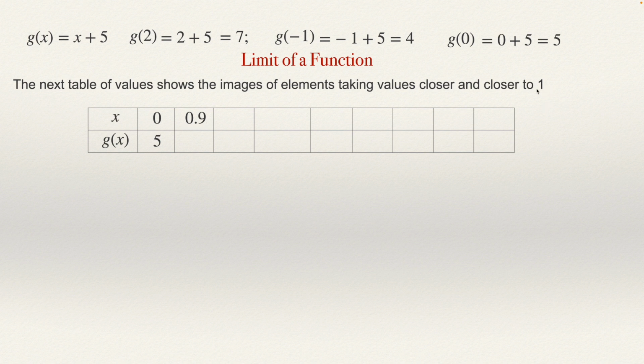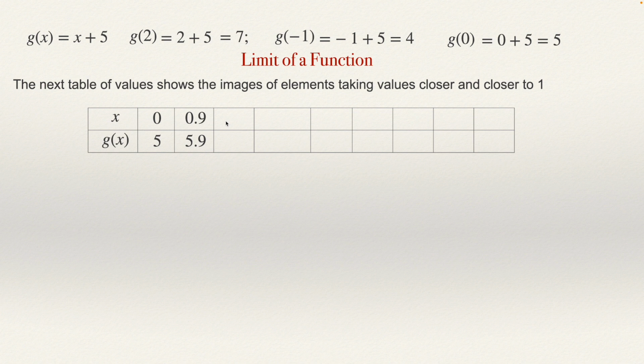Now the value of x is closer to 1. So if this is 0.9, then the value of g of 0.9 will be 0.9 plus 5, and this will be 5.9. So it will be 5.9, the image of 0.9.